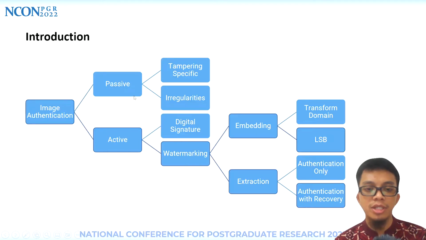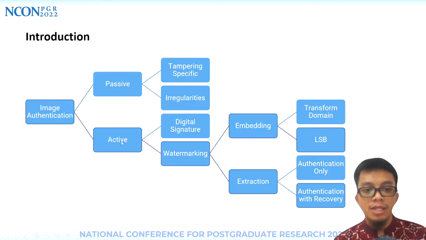Passive authentication consists of tampering-specific authentication, so it means we cannot use a single algorithm to detect the tampered image using passive authentication. The second one detects the irregularities, so image authentication works by detecting the irregularities in the tampered image.